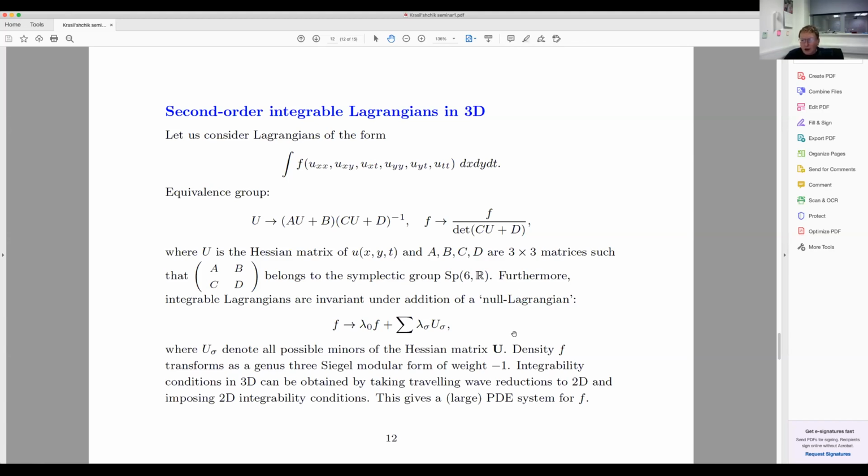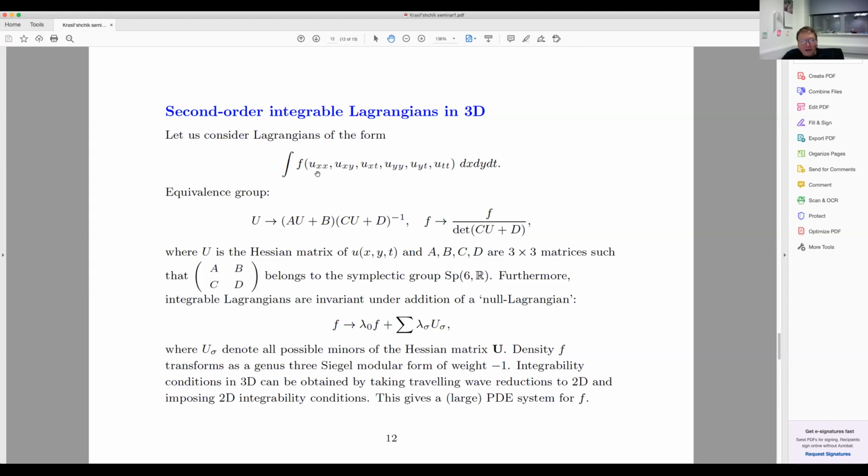And quite remarkably, in the 2-dimensional case, this symmetry in some sense was not enough. It's a finite dimensional symmetry. But the solution space for Lagrangian densities was infinite dimensional. You know, they depend on 6 arbitrary functions of 1 variable.